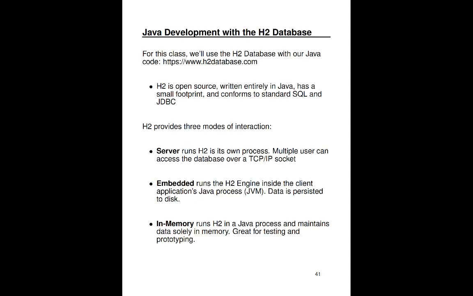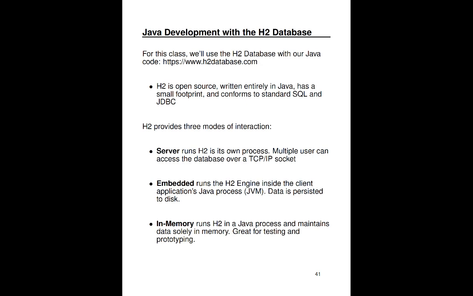So the second mode is embedded mode, which means that the H2 engine runs inside your Java program. So you've got your application logic, and in the same process, you've got H2. Now, the data itself is persisted to disk, and so the H2 engine is sitting there writing to disk so that when your Java program goes away, the data is still there. You can start up and use it again. And that's embedded mode.